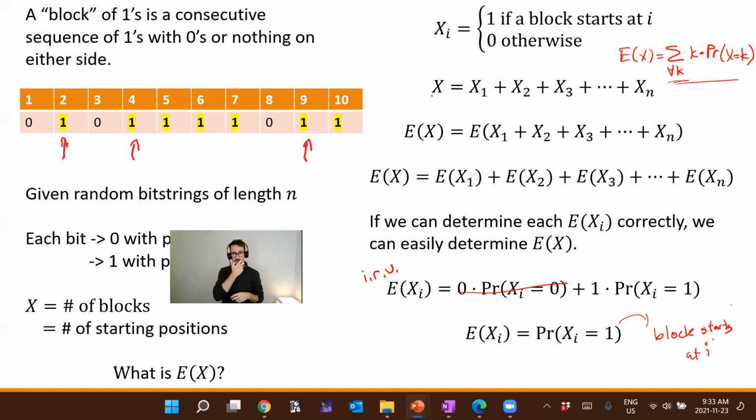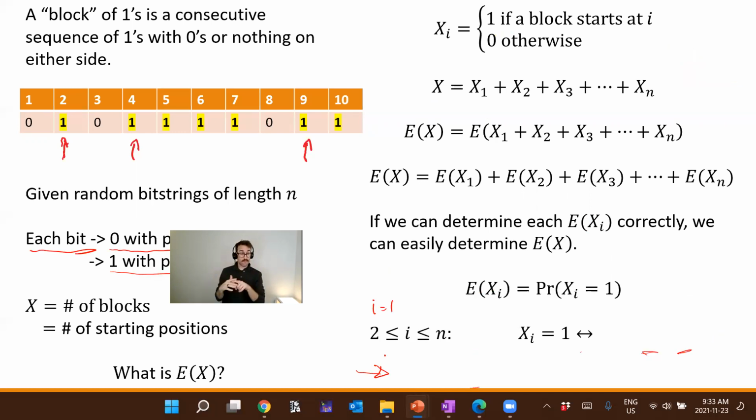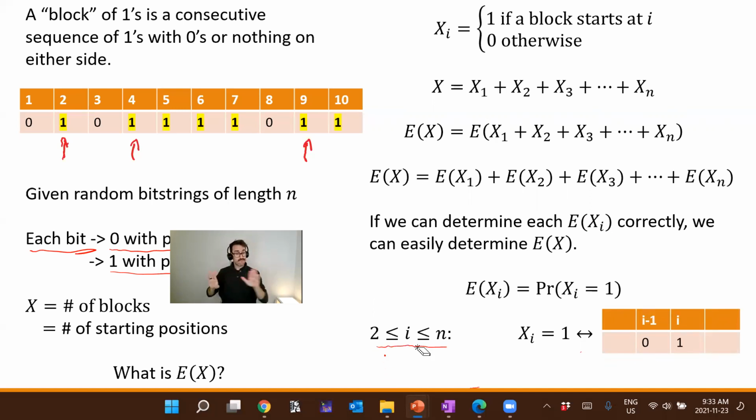Now, what needs to happen for a block to start at I? For an I that's not equal to the first location, since the first location is special, xi is equal to 1 if and only if location I minus 1 has a 0 and I has a 1.